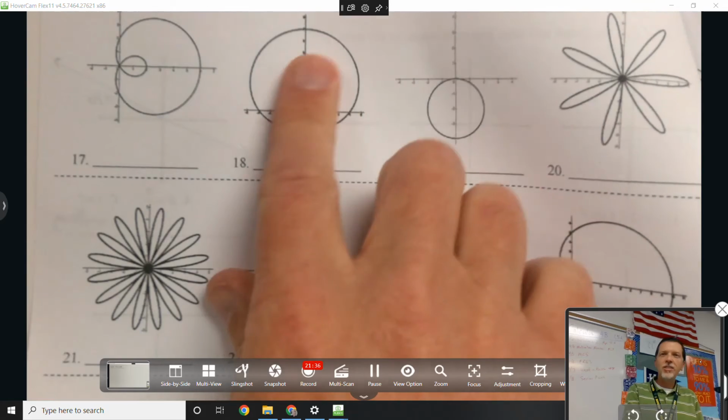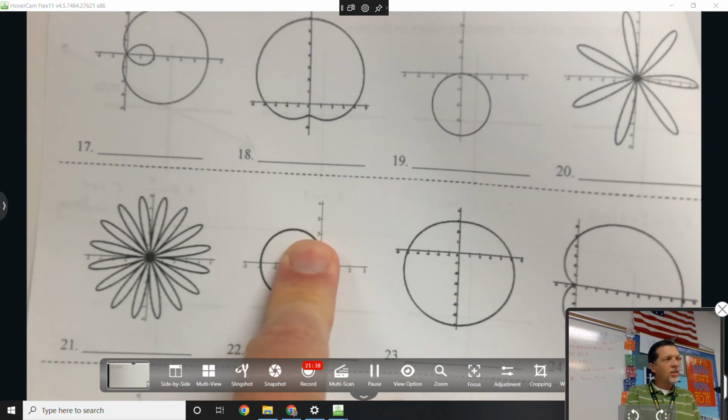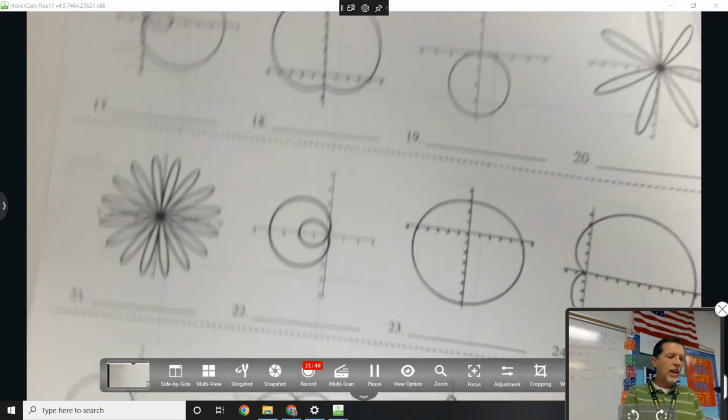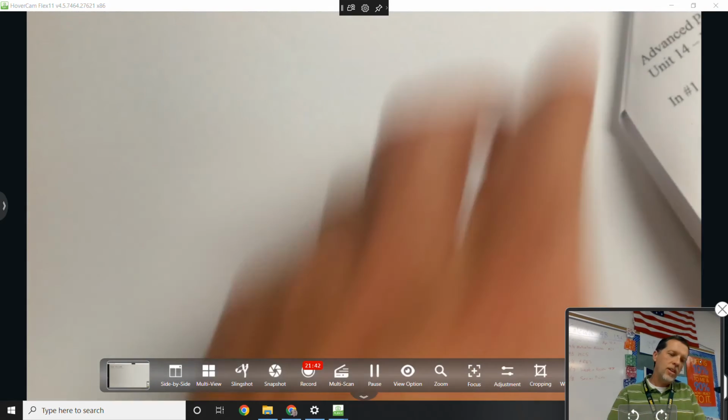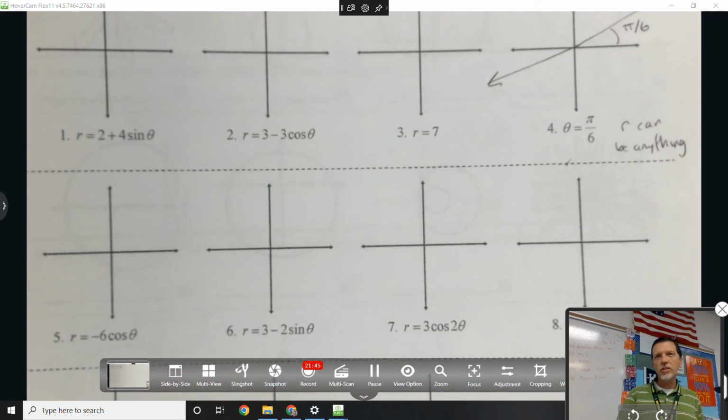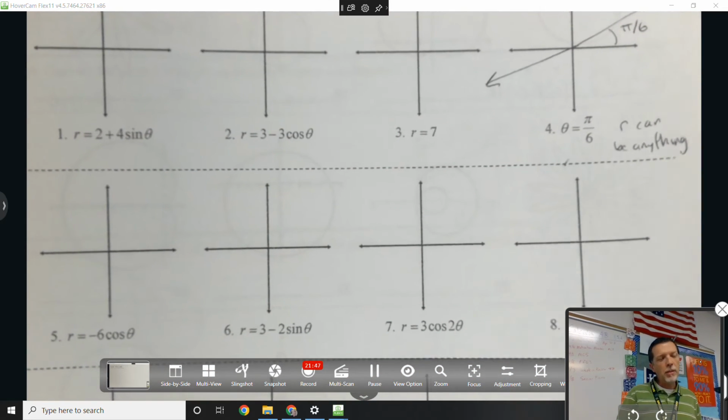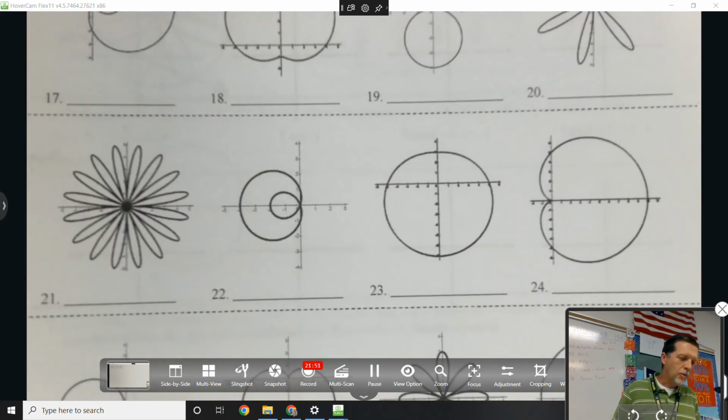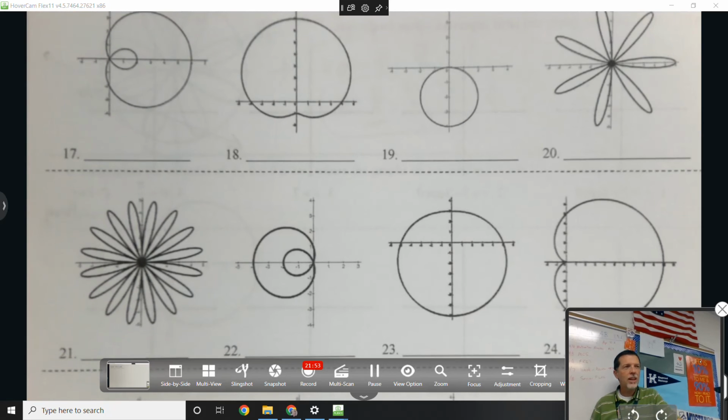So if you think it's easier to look at the graph and write the equation, I would do those first, kind of get your brain warmed up, and then switch to the ones where you actually draw the graph. It might be good to do that because you would also see lots of pictures and remind yourselves what those things look like.